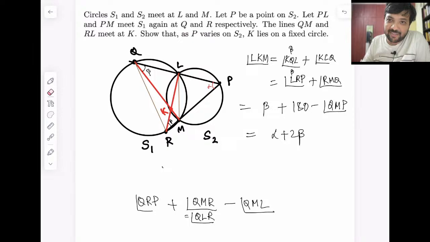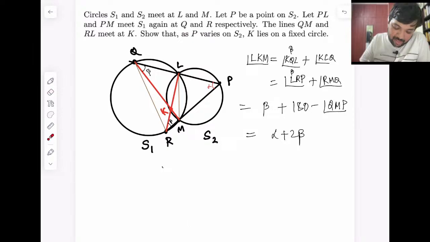The main thing we should have realized is that LM is a common chord. So obviously the angle subtended by LM in both the circles is fixed. Of course, you can use trigonometry and write it as 2r sine alpha or something, but it doesn't matter. It's a fixed angle. Let's just call those angles alpha and beta, one subtended in circle S2 and the other in circle S1.